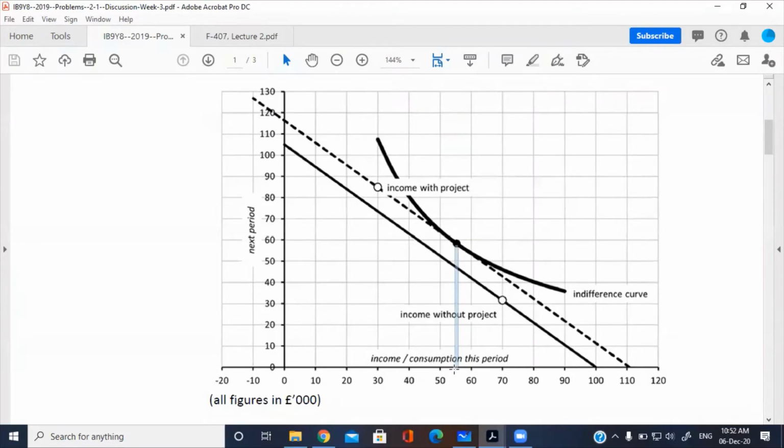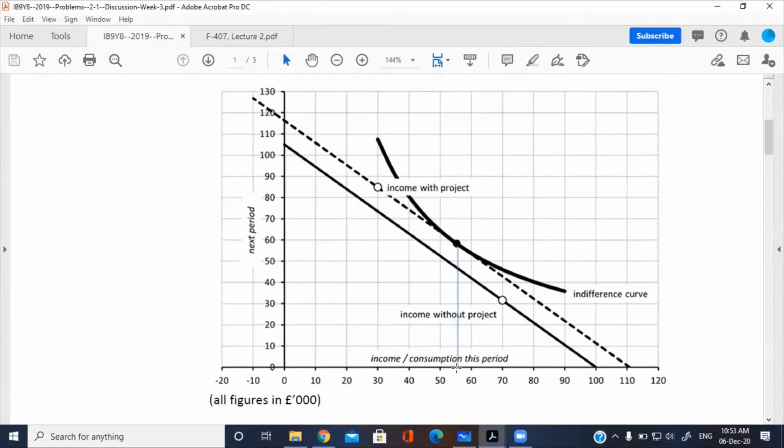But the available income you have after investing in the project, in which period? In the current period, the available income to fund the current consumption after taking the project, you have only 30,000, right? But you want to make consumption at 55, here on the optimal indifference curve. What is the difference between 55 and 30? 25, sir. 25,000.